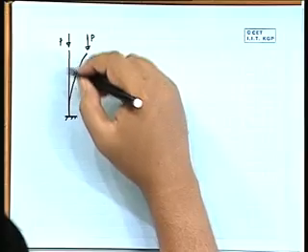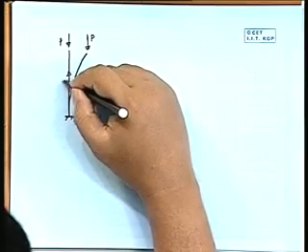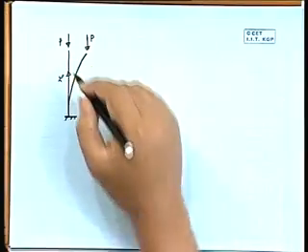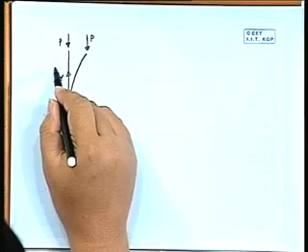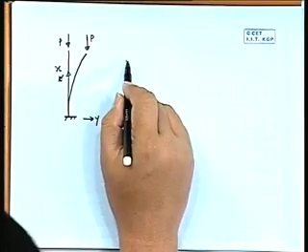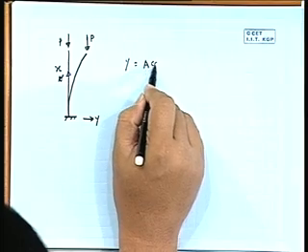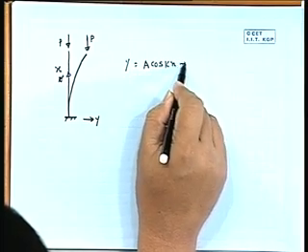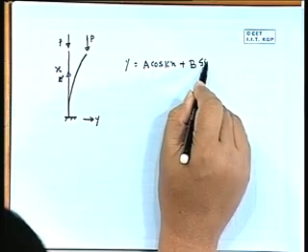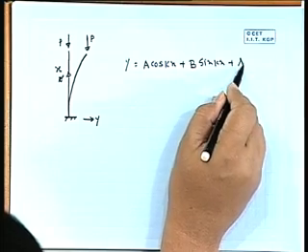P will be shifted from here to here, this side is y, and we are taking x in that direction, right. So, x, y, P, and we got y equal to a cos kx plus b sin kx plus delta.